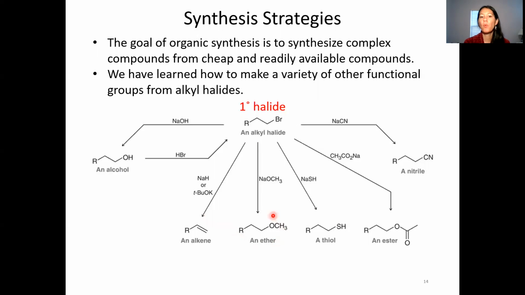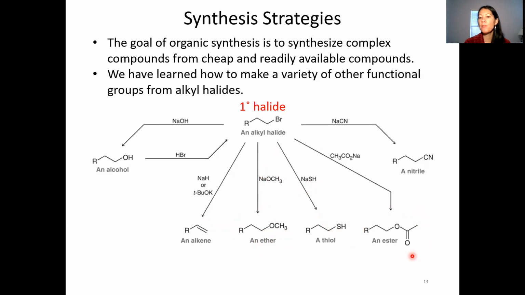Look at this. What if you want to get an ether product? So COC. You can react with O-methyl or any alkoxide and generate the ether product. Reacting with SH- can generate thiol products. And look at this.